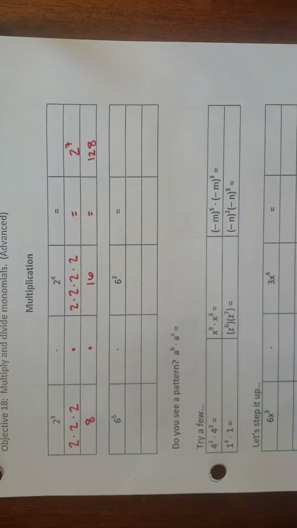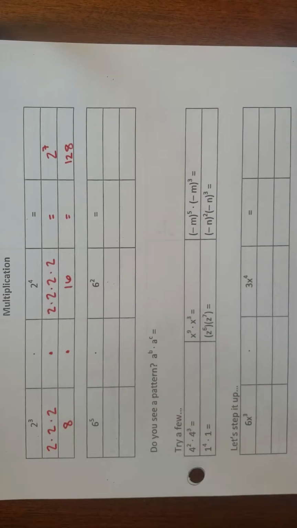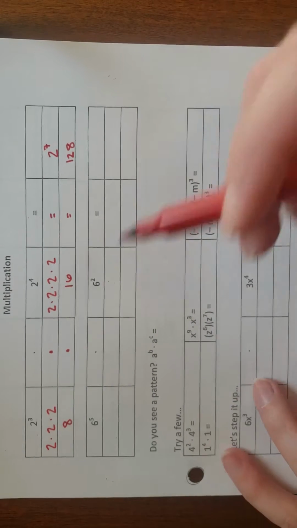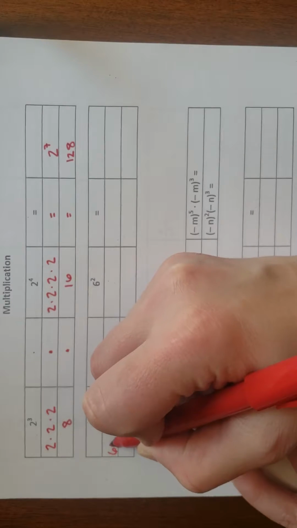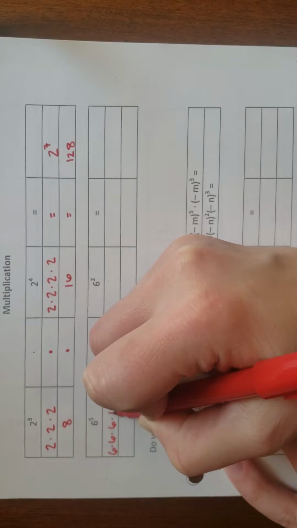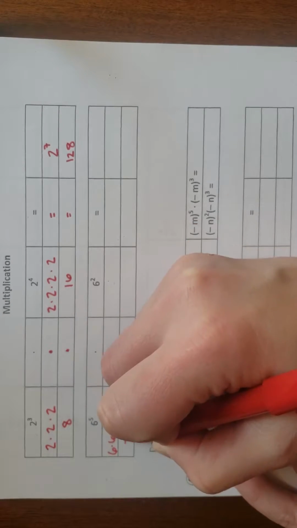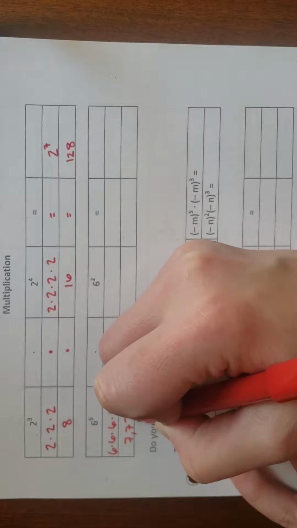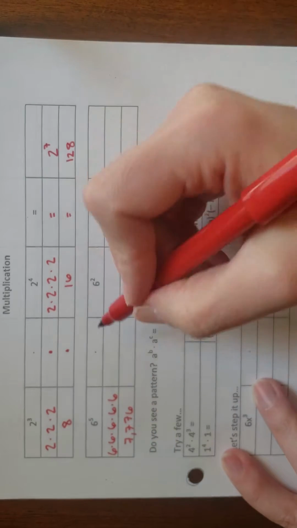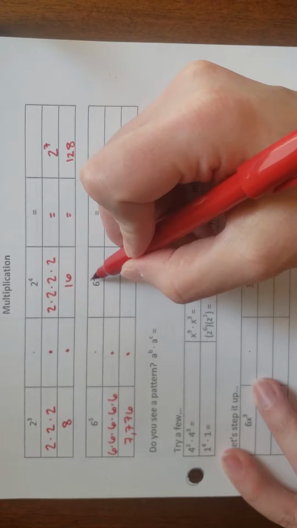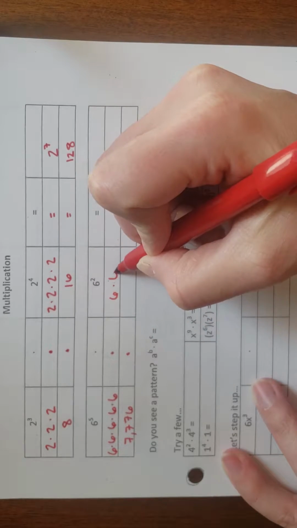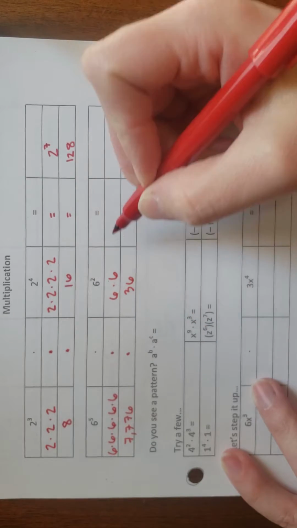Let's do another one and see if we can find a shortcut that we can apply in the future. 6 to the 5th means 6 times itself 5 times. I did the math ahead of time to save us some time: 7,776 times 6 squared. 6 times 6 is 36.